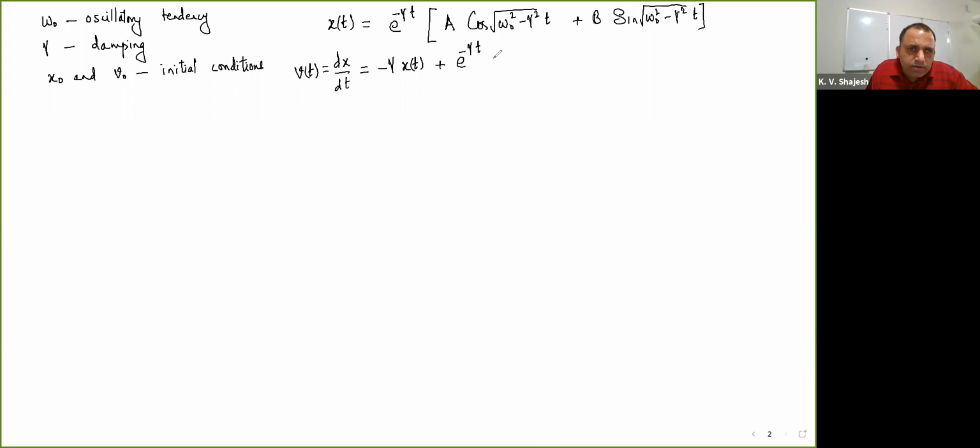What I get is the square root of omega naught square minus gamma square coming out from both terms. I'm sort of jumping a step here. Cosine becomes a sine, so this is minus a sine of the square root of omega naught square minus gamma square times t, and the second term becomes b cosine.